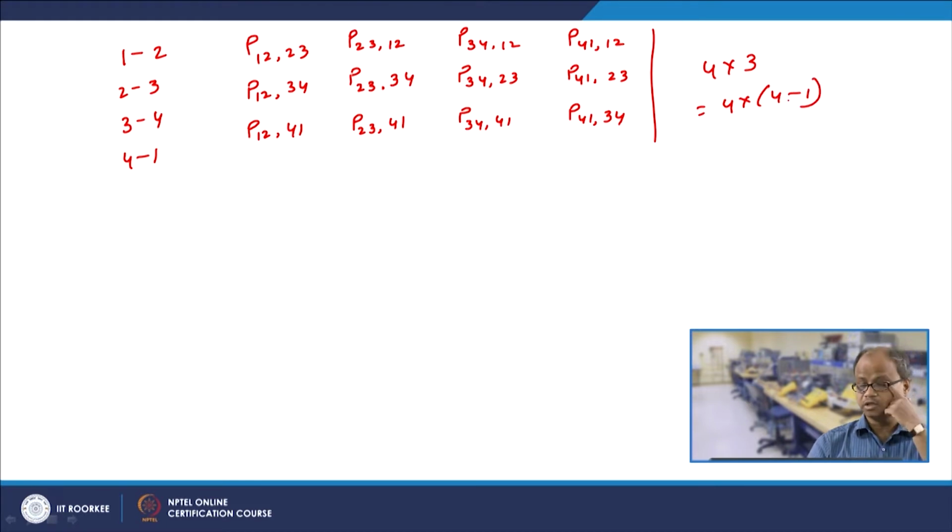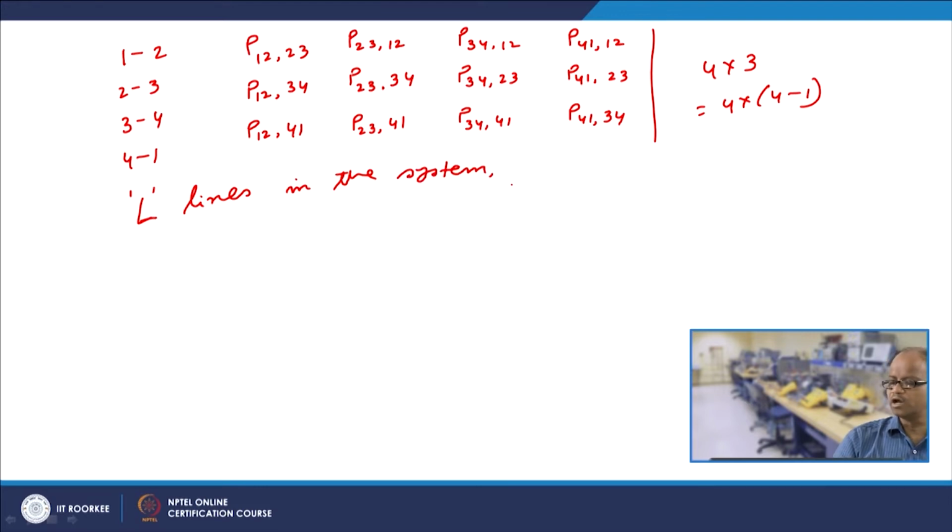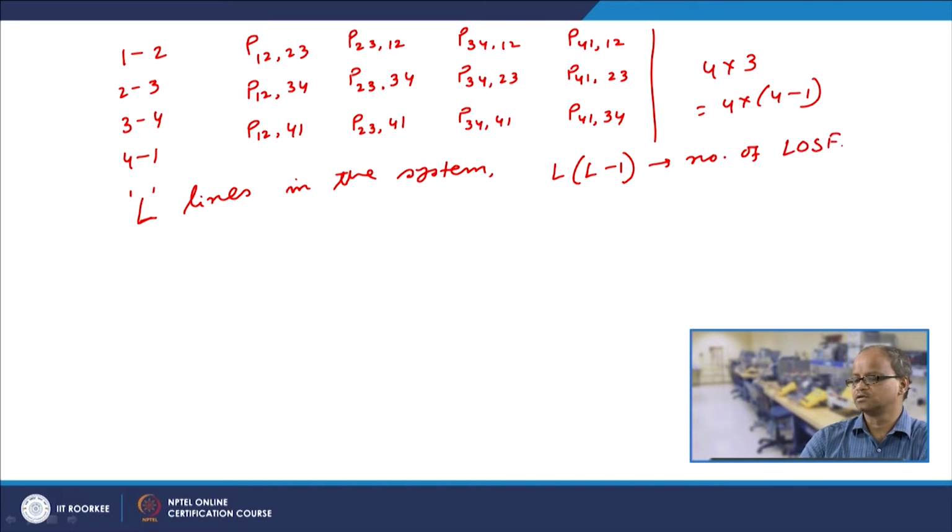So, if I have L lines in the system, then the total number of LOSFs which need to be calculated, I would say pre-calculated, is L into L minus 1.